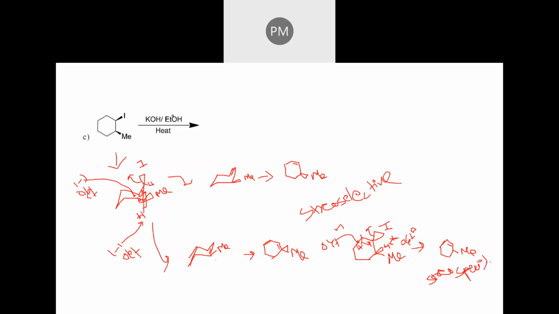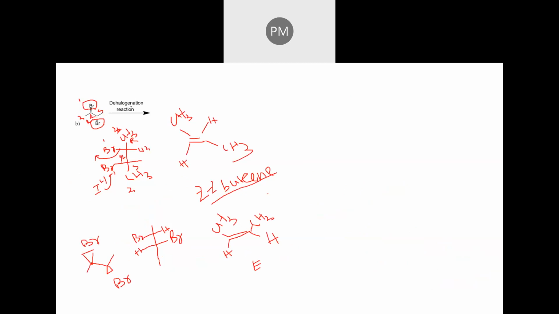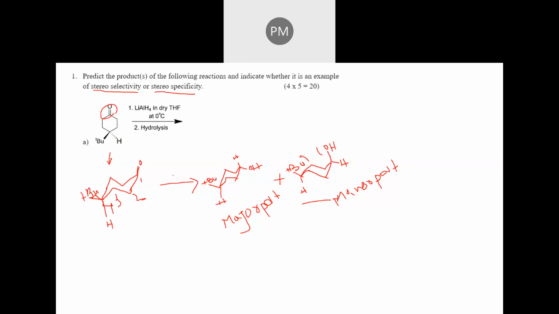Similarly, just by changing the position of the methyl above and below the plane, we get a stereoselective outcome where two products form. But when our methyl is below the plane, we get a single product. So this is an example of a stereospecific reaction. This one I have told is a stereospecific reaction, but this one is a stereoselective reaction.